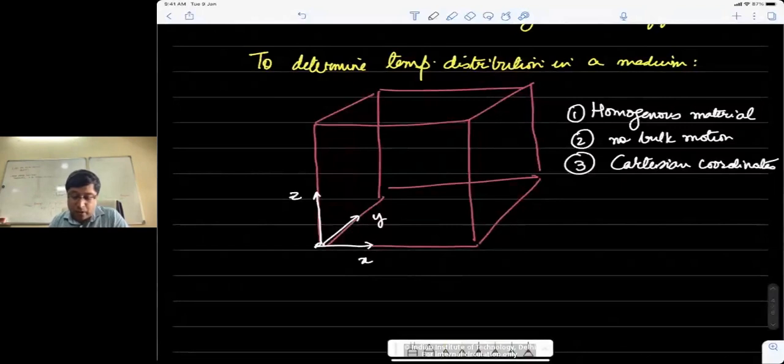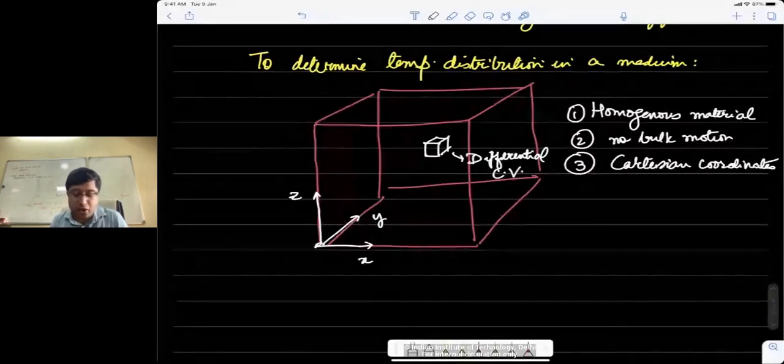Okay, so what I'll do is I will take a differential control volume in this substance. Okay, so this is a differential control volume, and I will try and apply conservation principles to this differential control volume.